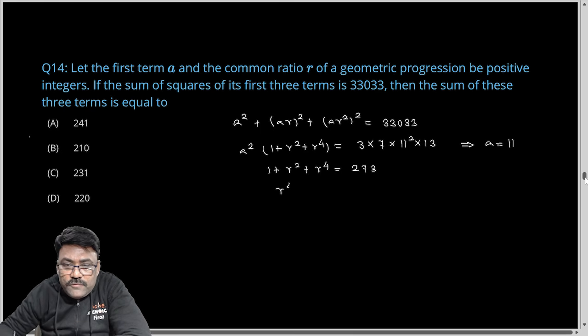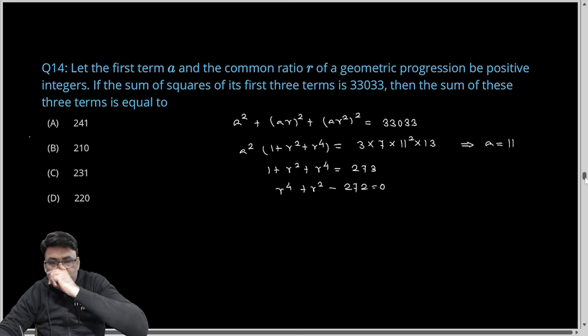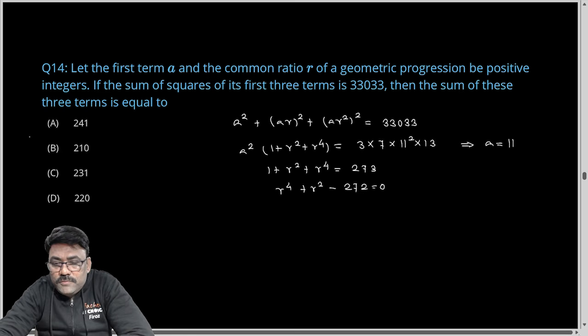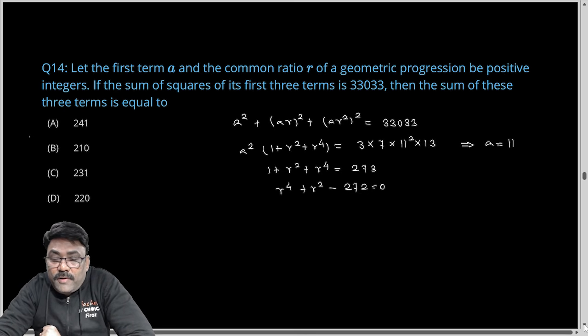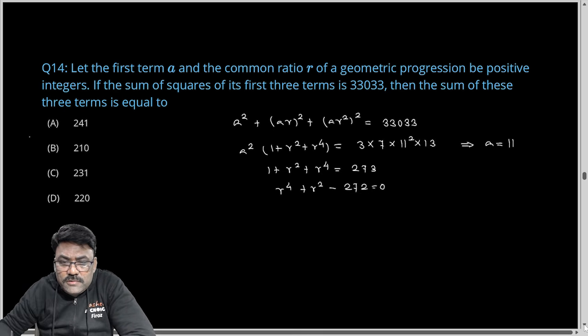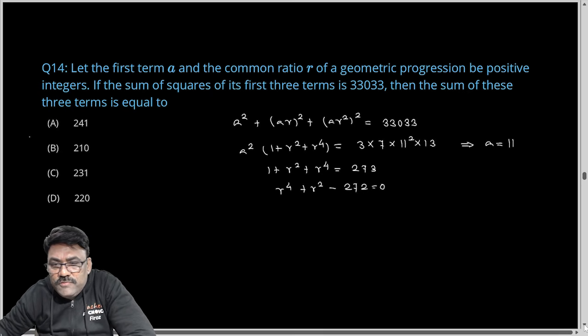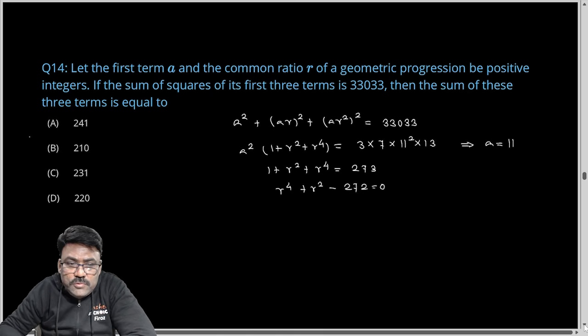So I'm getting R raised to 4 plus R square minus 272 equal to 0. Now can we factorize it? 272 is 16 into 17.